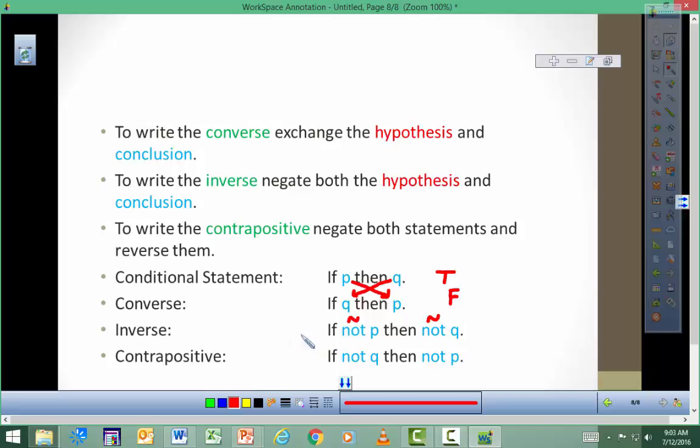I have a Silverado, and that's not a Corvette, but it is a Chevy. So, as you might imagine, the inverse can be false also. And on the other hand, this one says if you don't have a Chevy, then you don't have a Corvette. And that would be absolutely true.